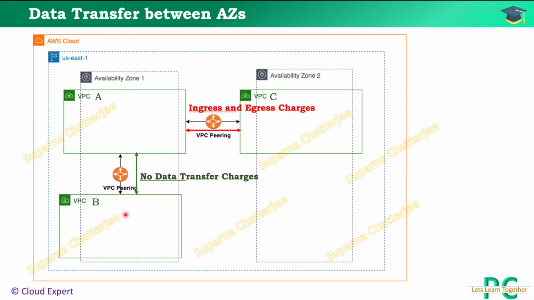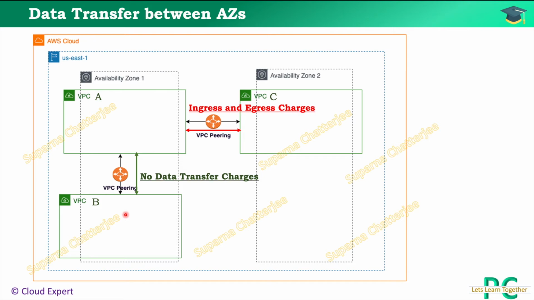Now, if you want to transfer data between services from VPC-A to VPC-C, in that case, you are paying both ingress and egress data transfer charges. Since VPC-A and VPC-C are in different availability zones, you are doing a cross availability zone data transfer.